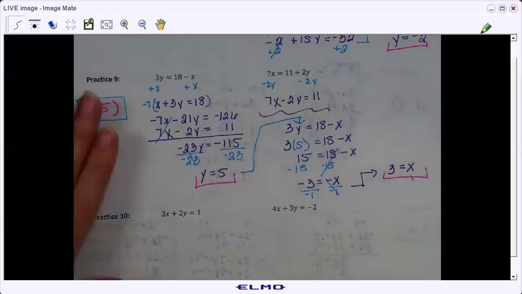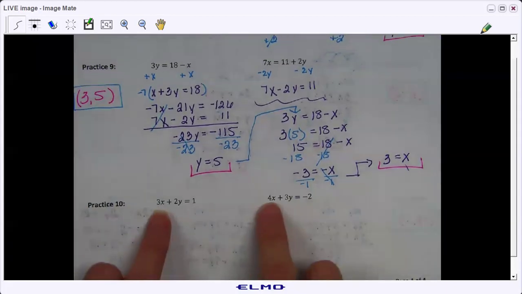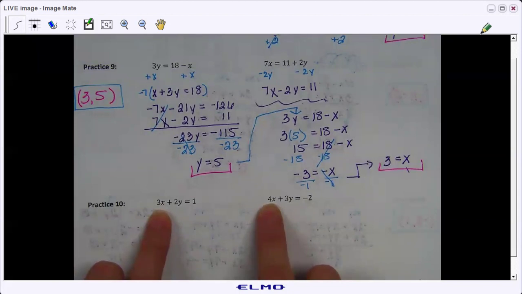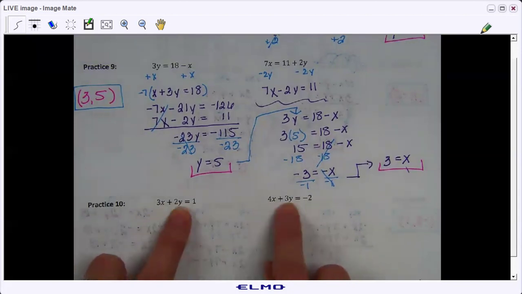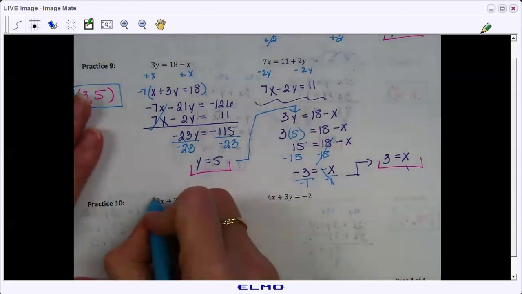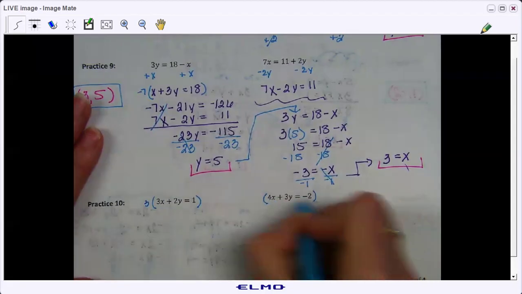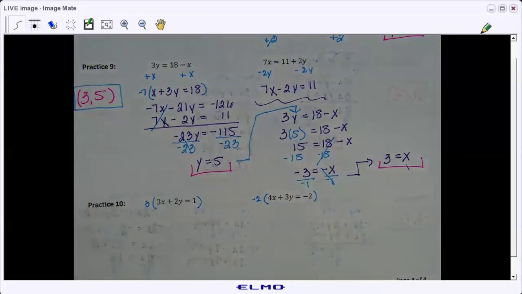Okay, so for example 10, we need to either change both of our x's to a positive and a negative 12, or both of our y's to a positive and a negative 6. So I'm going to choose 6 because it's a smaller number. And I'm going to multiply this equation by 3 and this equation by a negative 2. And it doesn't matter.